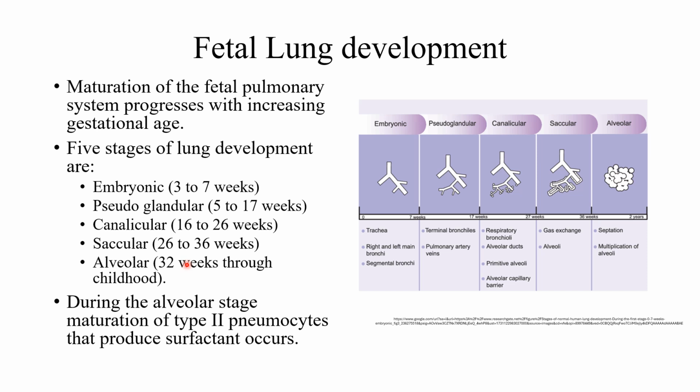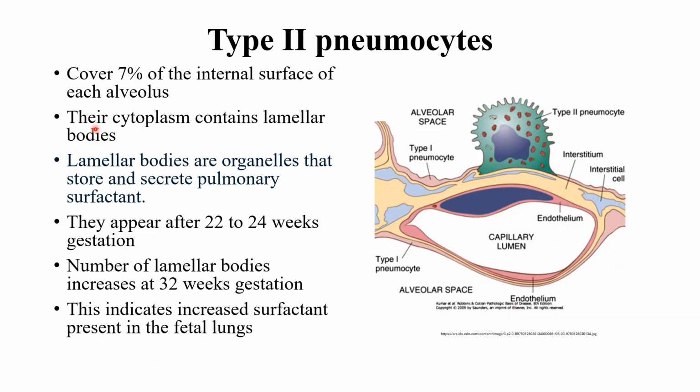So this could also explain why the child would have to stay in utero longer, and also informs us of the risk of a child born before 32 weeks. These type 2 pneumocytes form around 7% of the internal surface of the alveoli. So there are quite a few, but not as much.